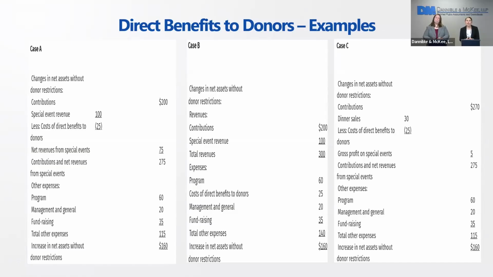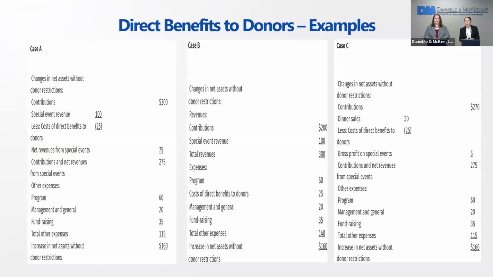So in that case, you are backing out the cost benefit to donors just below your special event revenue. In case B, you have revenues, contributions of 200, special event revenue of 100, total revenues of 300.